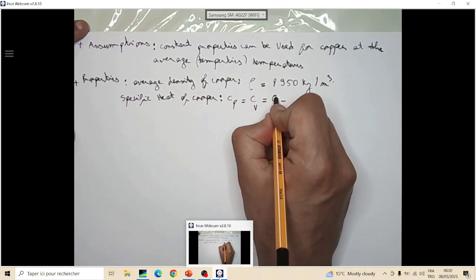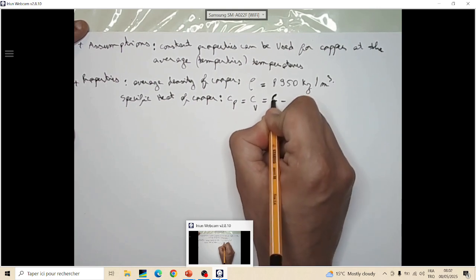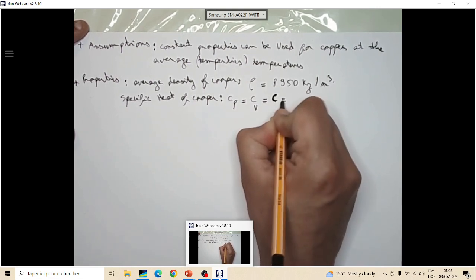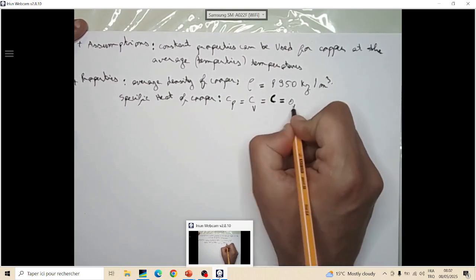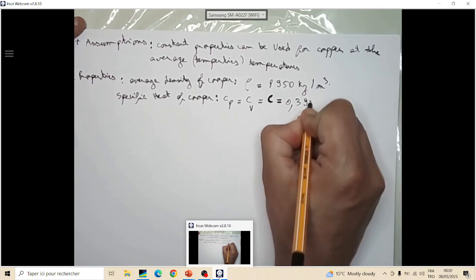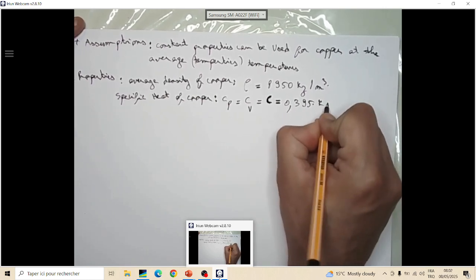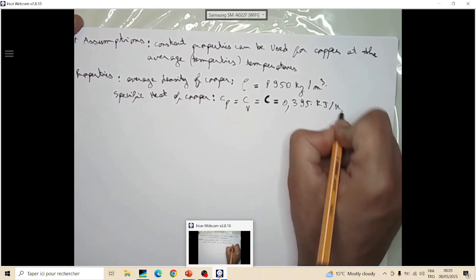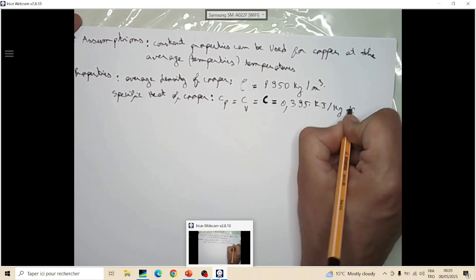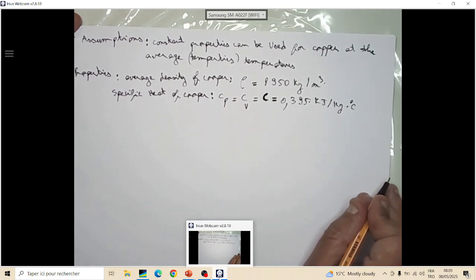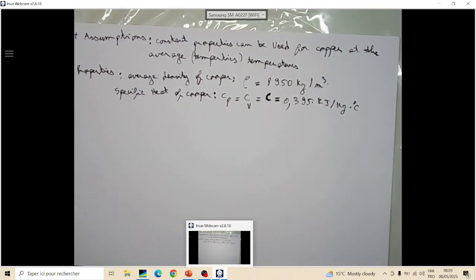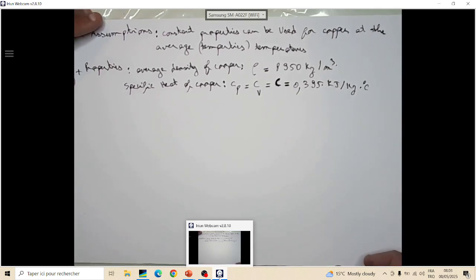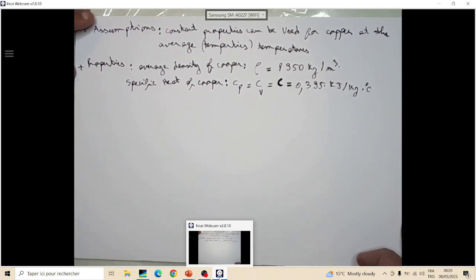Since we are speaking about a solid, we can speak about C, so we don't speak about Cp or Cv. This will give us the value of 0.395 kilojoule per kilogram per degree Celsius. So those are the properties that we have to use in our problem.